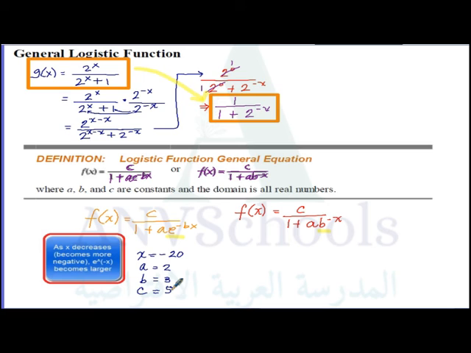So having my calculator with me, I could actually get the value of my f of x. So my c is 5 divided by 1 plus a is 2 times the e, shift ln, so that's e, negative, my b is 3 and my x is negative 20.